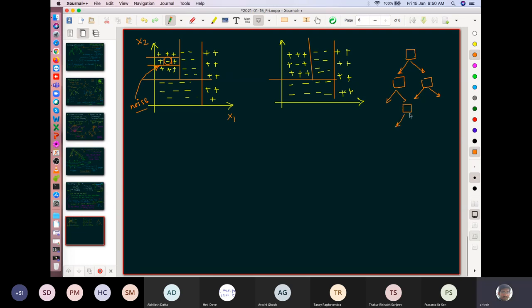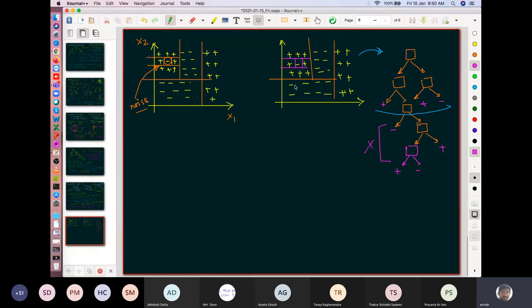Now you will just grow on like this. Sometimes I will say that I will not grow beyond this point. This is my decision tree. That's what this approach will lead to. And if you think of growing beyond this point and then cutting, you may grow, and finally for every training data you can say which is plus, which is minus. Then you say, okay, I just prune this part.